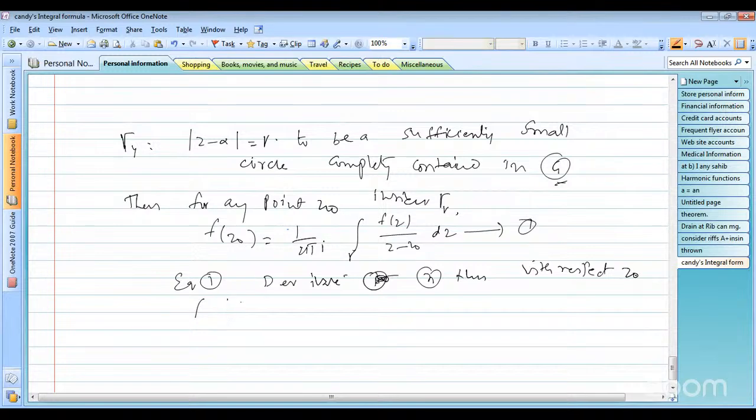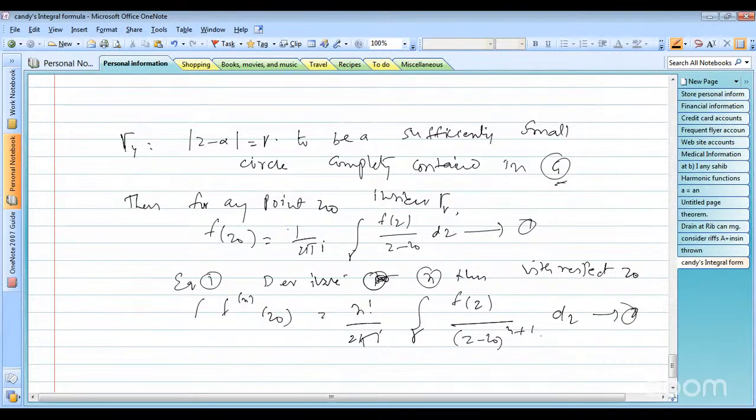We can expect that f power n of z naught is n factorial by 2 pi i, integration over gamma of f of z by z minus z naught whole power n plus 1 dz. So this is the nth derivative. This is equation number 1, and this is equation number 2 we are taking here.